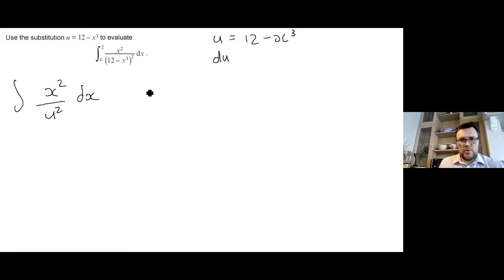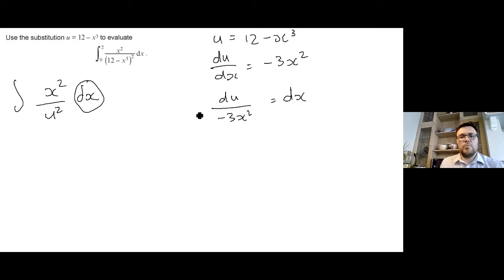So you do du by dx, which is equal to minus 3x squared. Rearrange, so du over minus 3x squared is equal to dx. So now this dx here is going to be replaced with du over minus 3x squared.